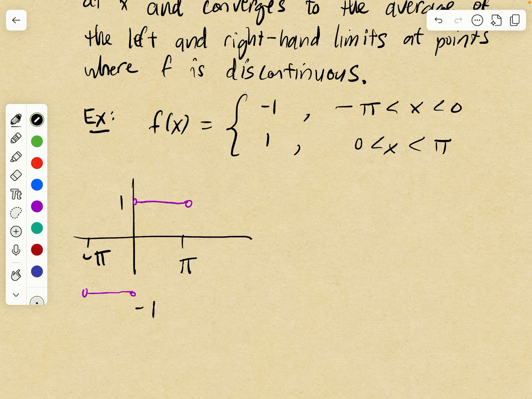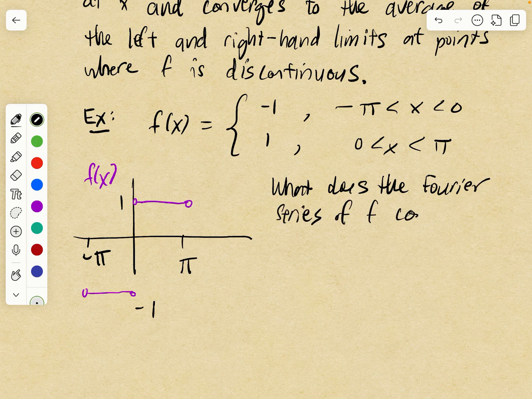Okay? So that's your function f of x. And the question is, what does the Fourier series of f converge to?